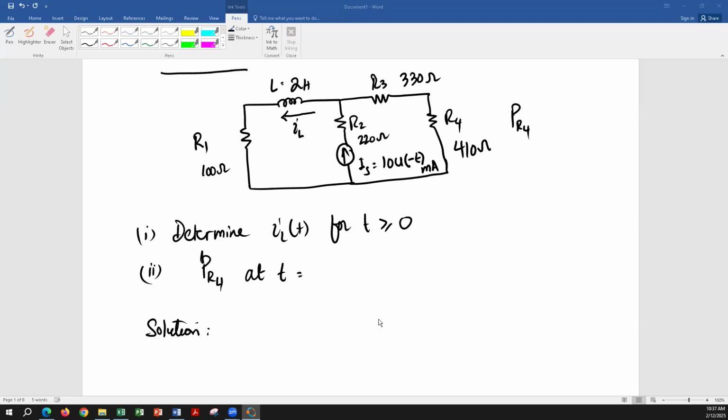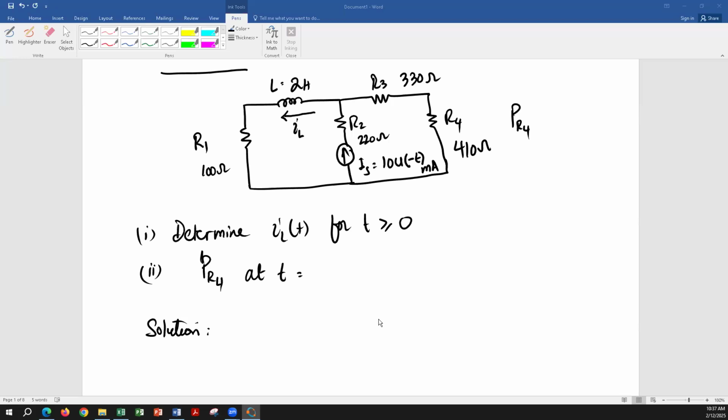So how are we going to find the initial value of inductor current? Who's going to tell me?